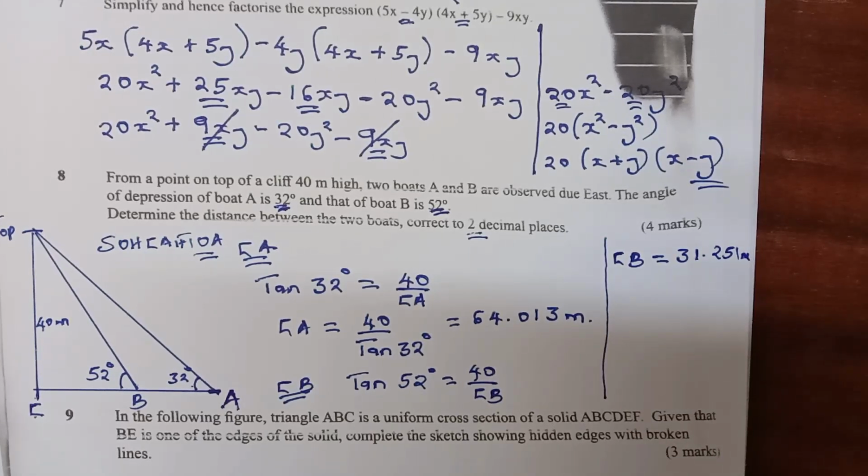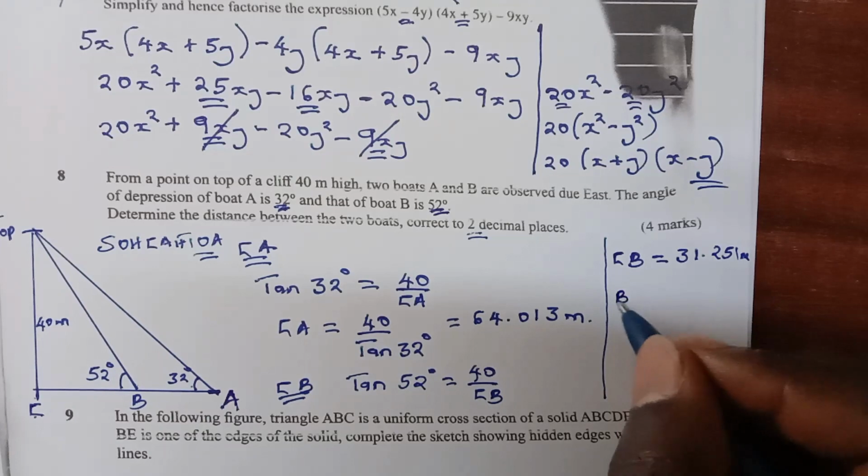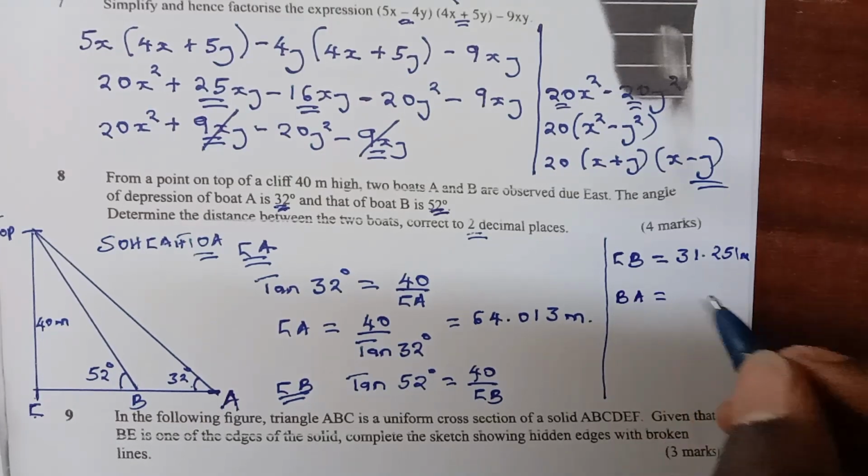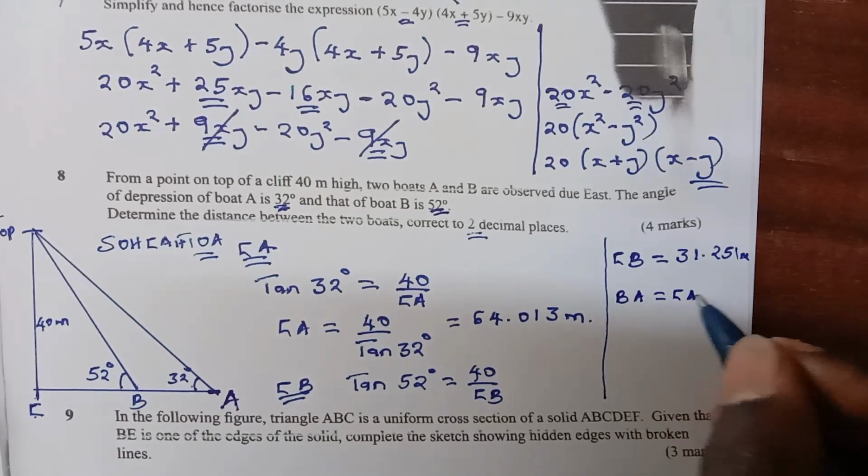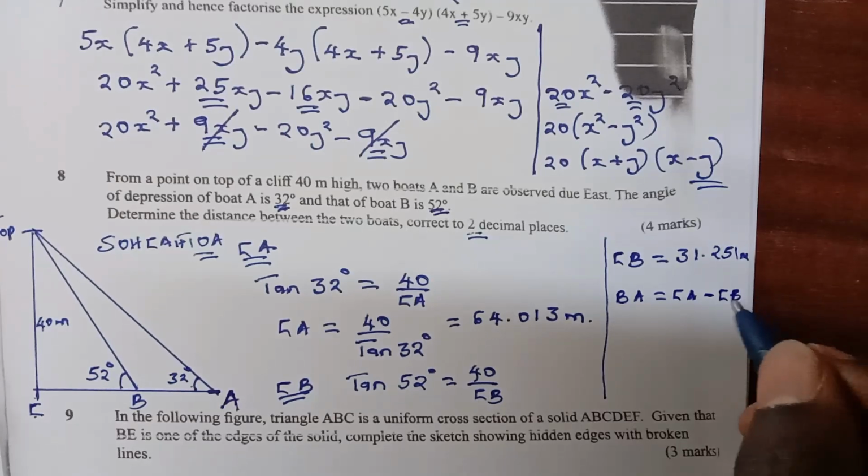Now, for us to find the distance between the two boats, that is BA, we are going to take CA and subtract CB.